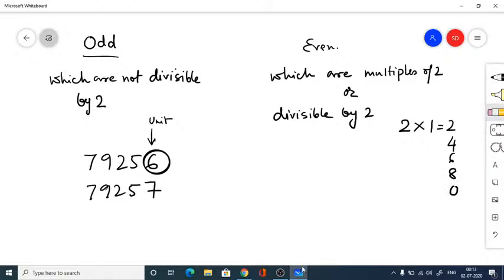If the number ends with any one of these digits, either 2, 4, 6, 8 or 0, then it is a multiple of 2, so it becomes even. But if the last digit does not end with one of these digits, then we say it is an odd number.